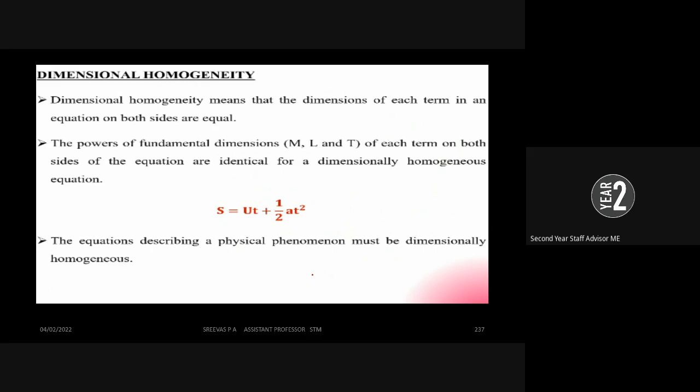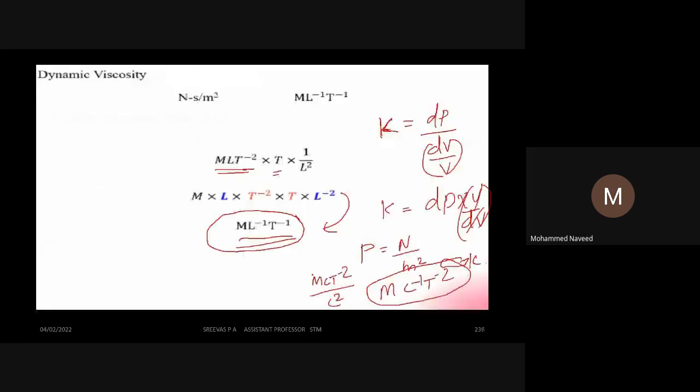Dimensional homogeneity എന്ന് പറഞ്ഞു കഴിഞ്ഞാൽ എന്താ? So LHS equal to RHS അങ്ങനെ എന്തോ അല്ലേ ചേട്ടാ? LHS equal to RHS. What LHS equal to RHS? അങ്ങനെ എന്തോ ഒരു റിലേഷൻ അങ്ങനെ എന്തോ പറഞ്ഞു. Dimension set right hand side.